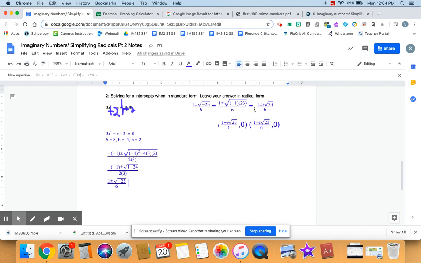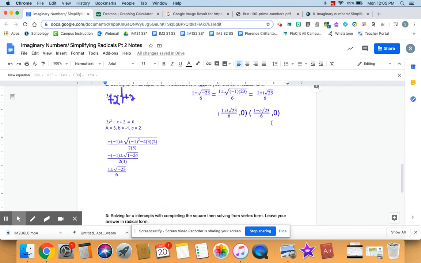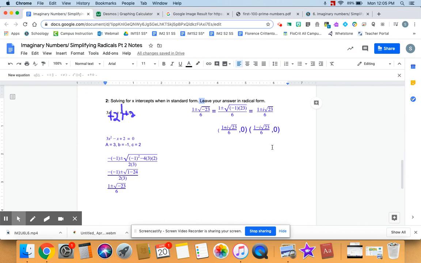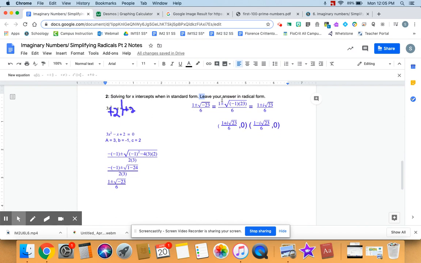And the rest of the fraction needs to be there as well, comma 0, everything else, but that's basically the difference, is that if it doesn't say leave your answer in radical form, you would throw the positive 23 into the calculator and figure out the decimal. Or if you could have broken down 23 further, you would have, but we can't, so that just ends up being our answer. Those are the two x-intercepts for this equation.